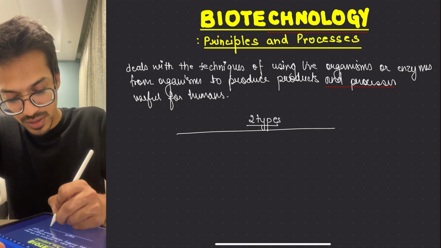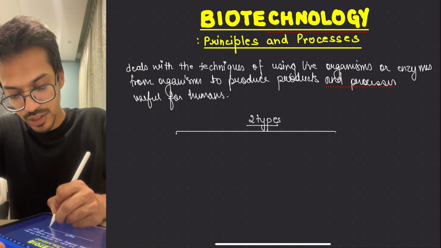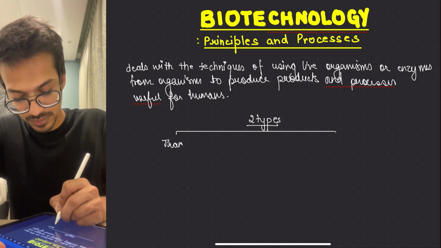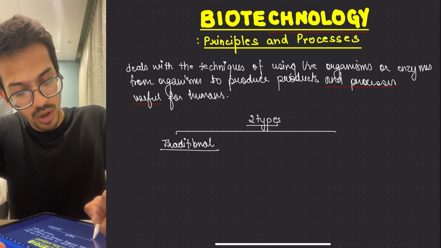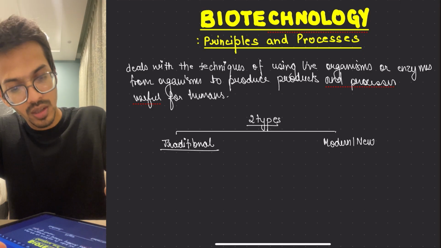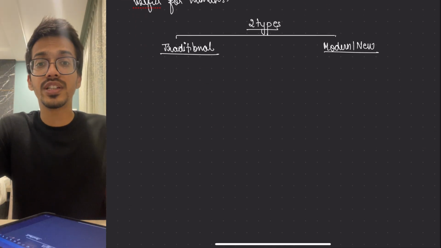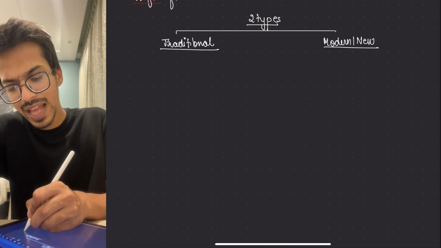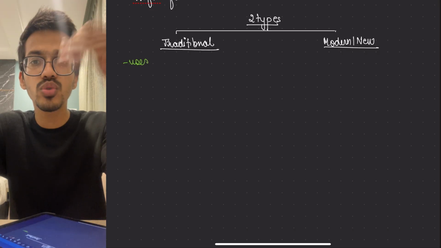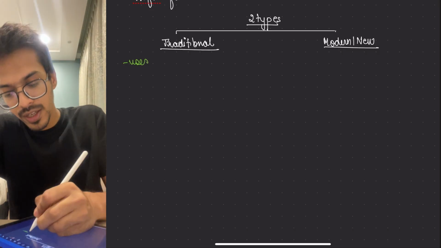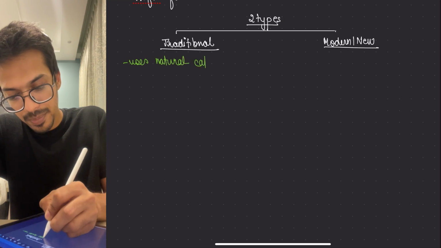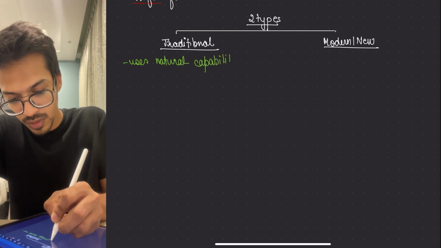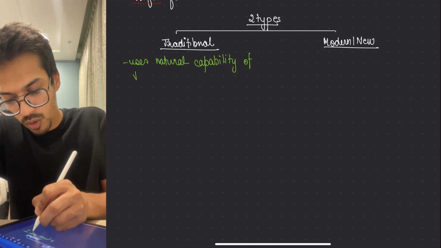What are the two types? Number one is the traditional or classical. Another is the modern or new. In traditional, what is happening? It uses the natural capability of the organism to obtain the product from it.